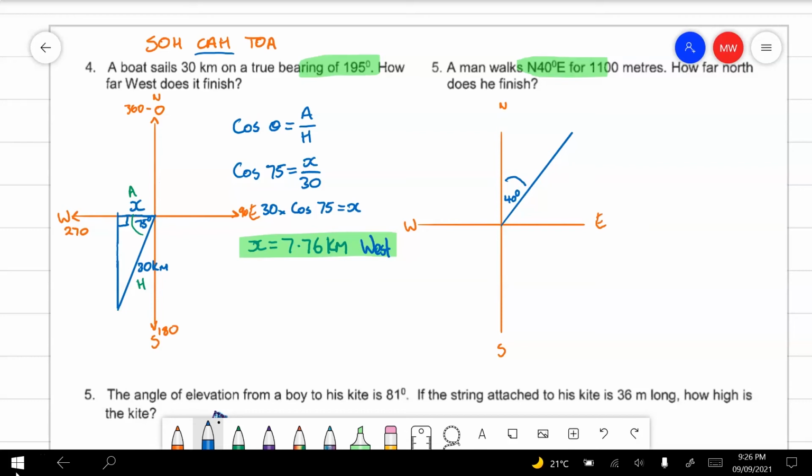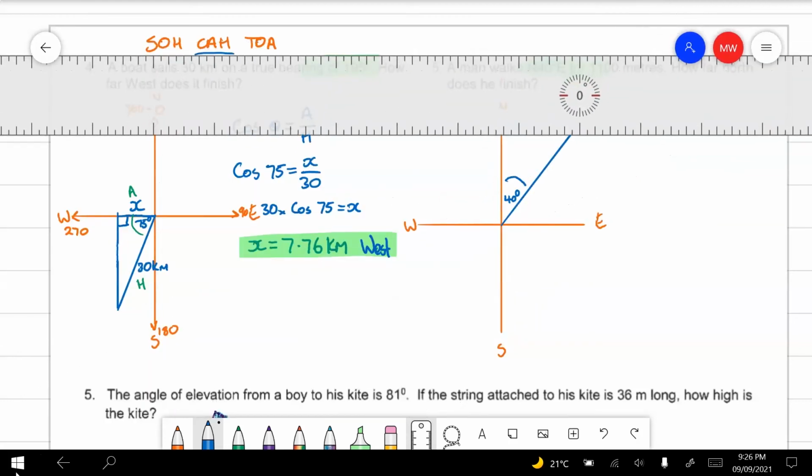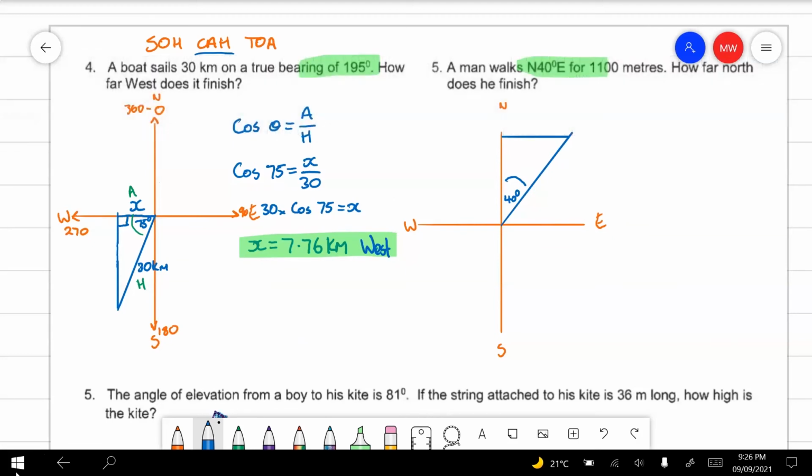This time it's asking me how far north it finishes. So let's put a right angle triangle in. And this time the man has walked 1100 meters and they want to know how far north he's gone.